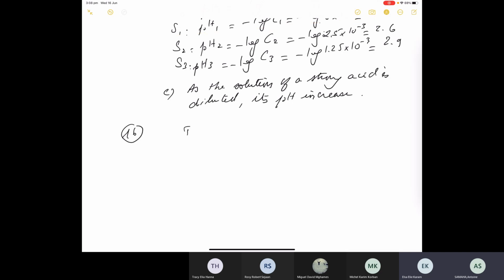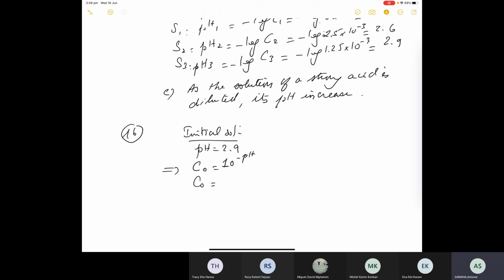So I have an initial solution, its pH equal to 2.9, meaning C0 equal to 10 to the negative pH.